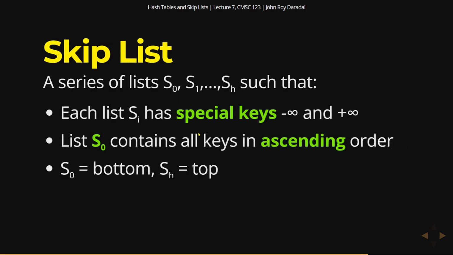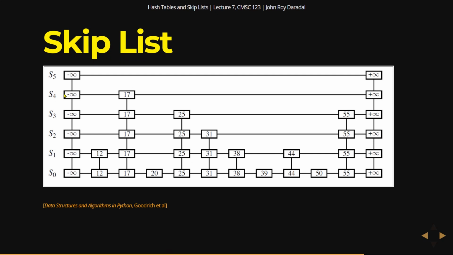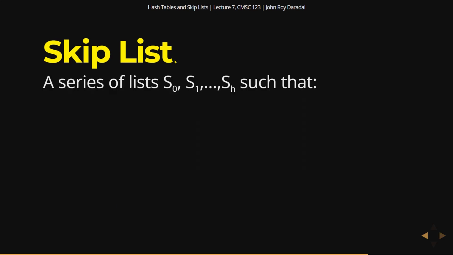So S sub 0 is at the bottom, S sub h is at the top, and we call h the height of the skip list. Here, the height of the skip list is 5 because we're up to S sub 5.